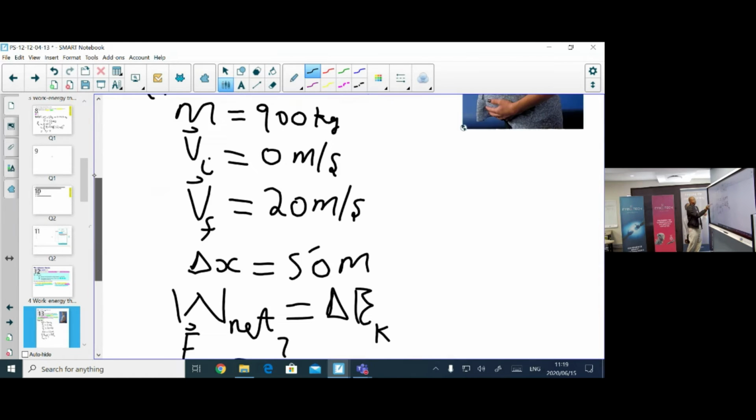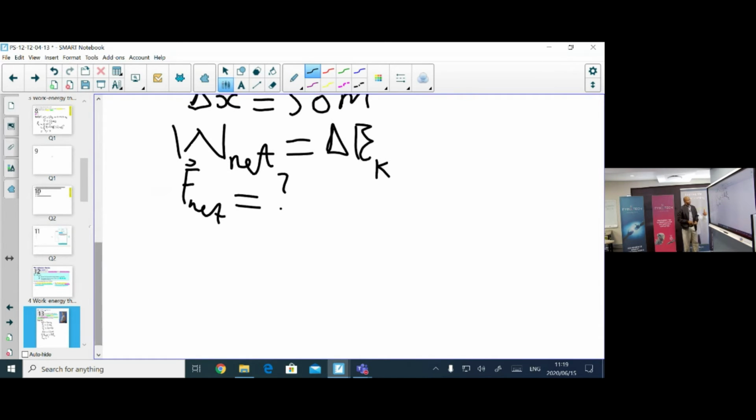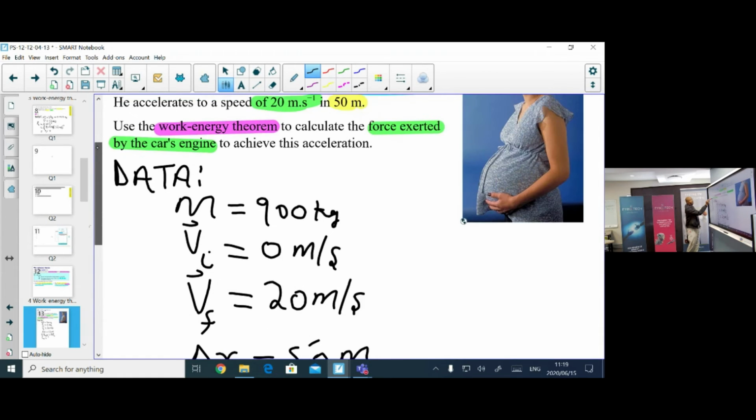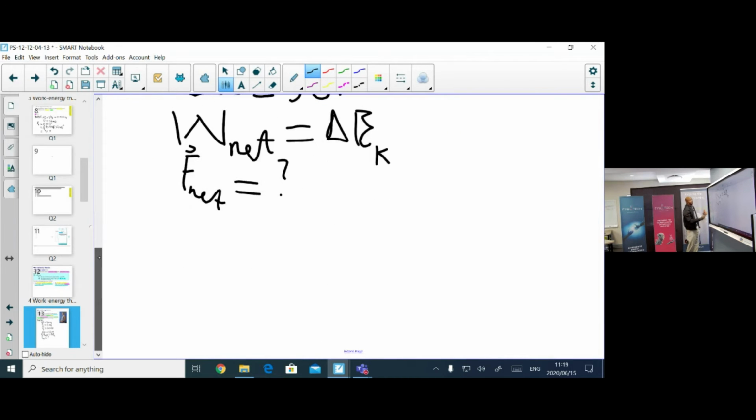Is that clear? This F net is our focus. We have the formula, W net is equal to change in EK.